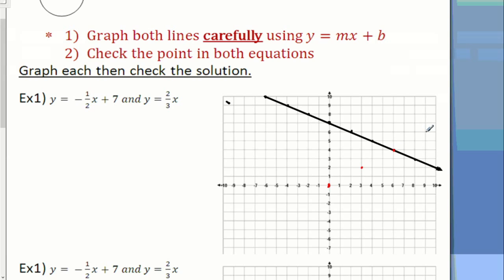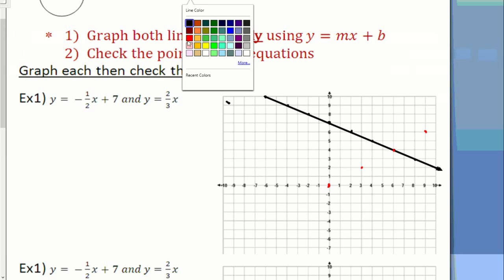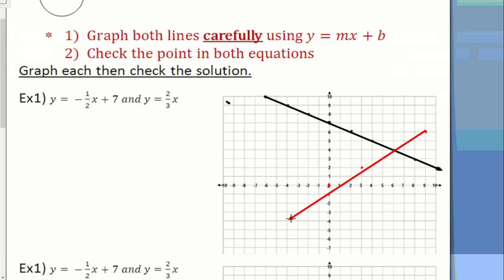And as you can see there, I just crossed the line right here. I know where they cross now, right? So I'm going to go ahead and make that line. So there we go.